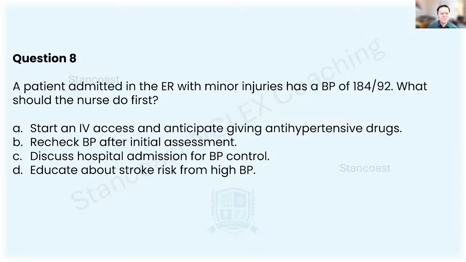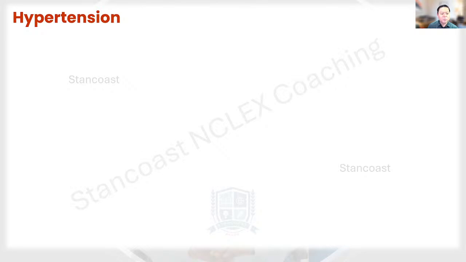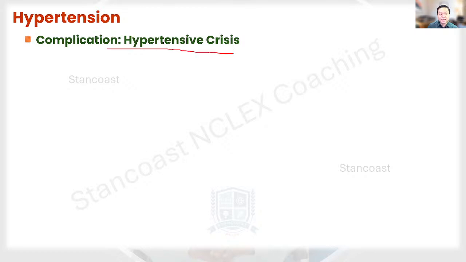Now let's go into the complication right now. So what I have said here is that the patient might develop the hypertensive crisis. This is common. More often than not, I have dealt with so many hypertensive patients in my life.